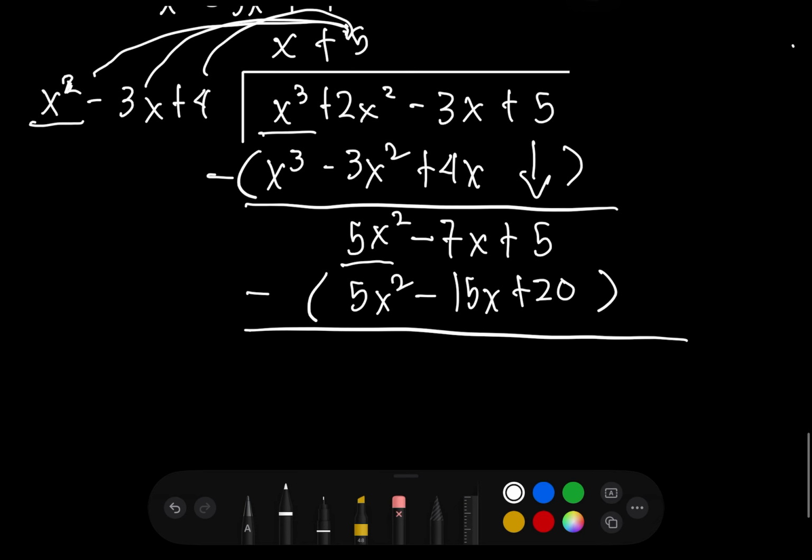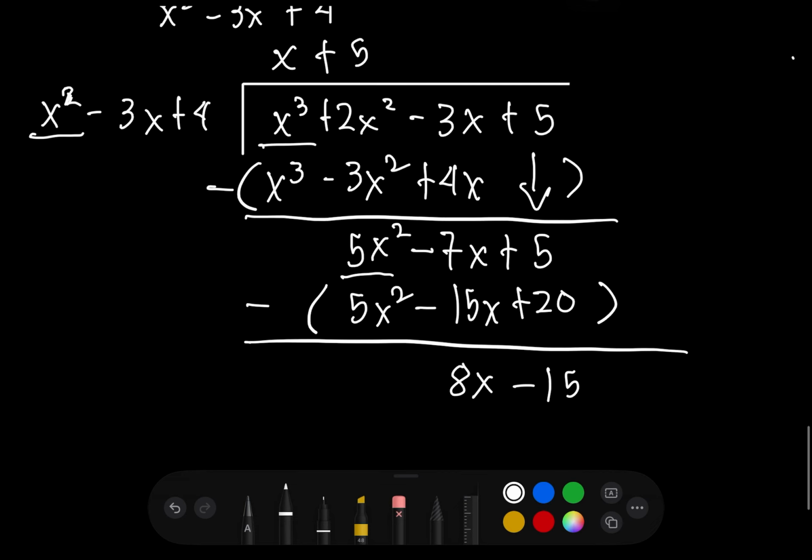which will give us, brahin na natin to, 5x squared minus 5x squared, that is 0. So, wag na natin siyang isulat. Negative 7x minus negative, again, negative of negative na naman. So, magiging plus na yan. So, negative 7 plus 15, that is positive 8x. Then, 5 minus 20, that is negative 15.